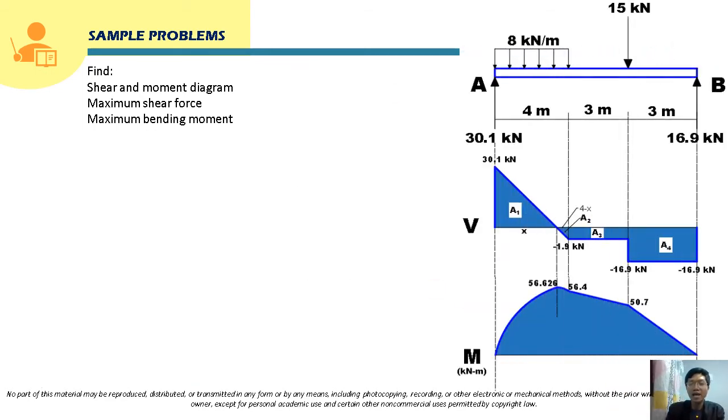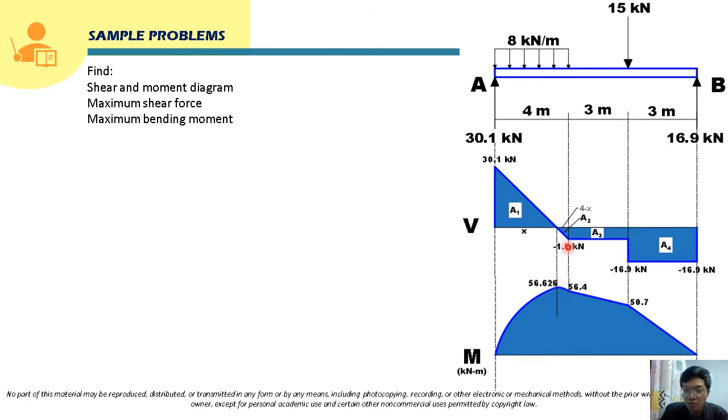Plotting the values of the moment at each point from the previous slide. Again, at x equal to 0, the moment is 0. At x equal to 3.7625, the moment at this point is 56.626. This will be plotted above the x-axis since it is positive.